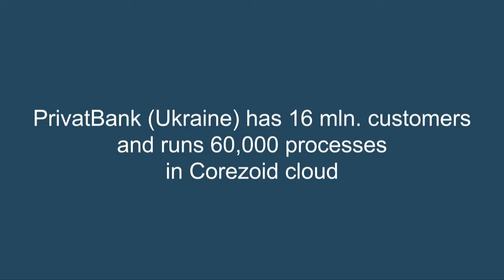Currently, PrivatBank runs more than 60,000 processes in Corezoid cloud, including alerts of different levels. We showed you just a single scenario, but in fact, we use Corezoid in all the departments of our bank. We use Corezoid to manage dozens of our mobile applications just because it's easier to create the logic of an application in the cloud than hard-code it in the app.